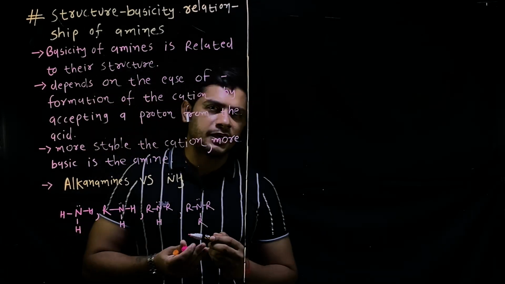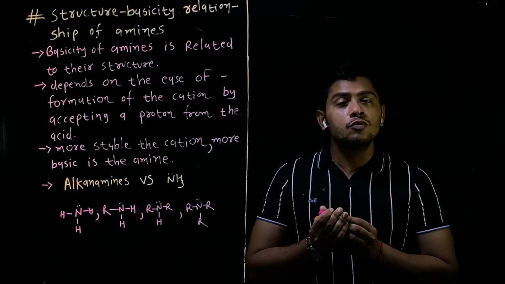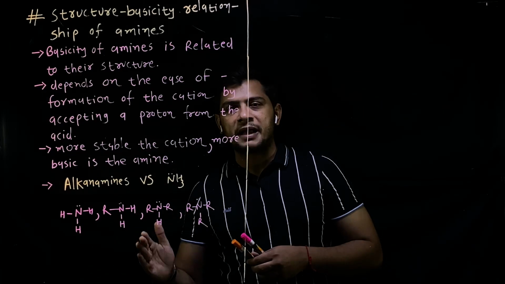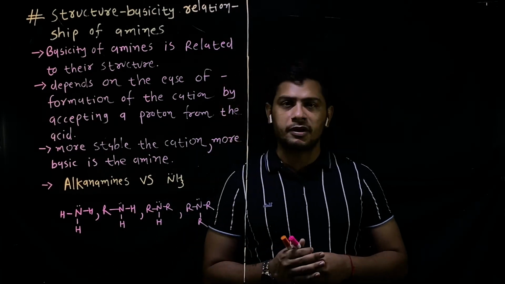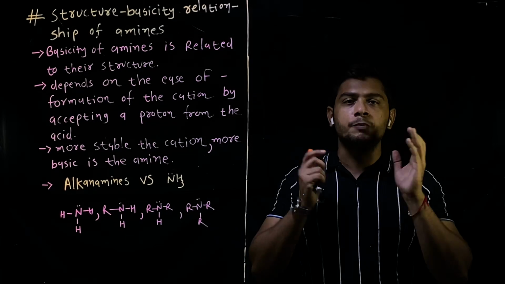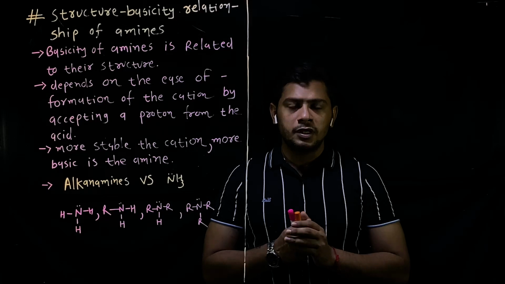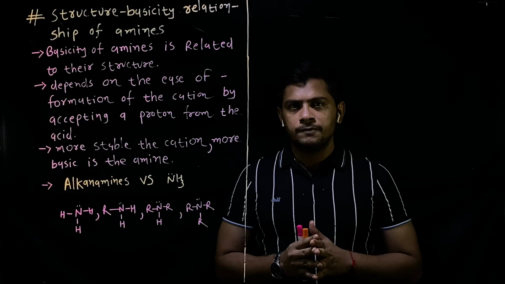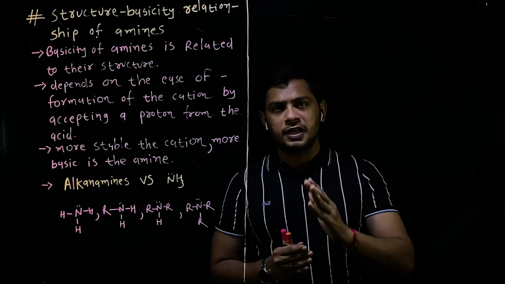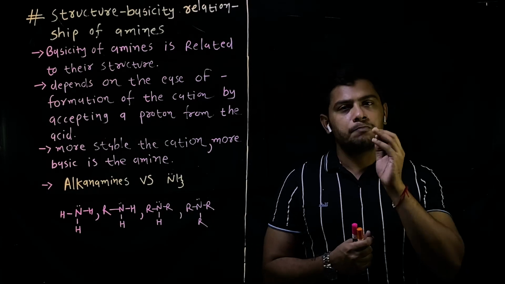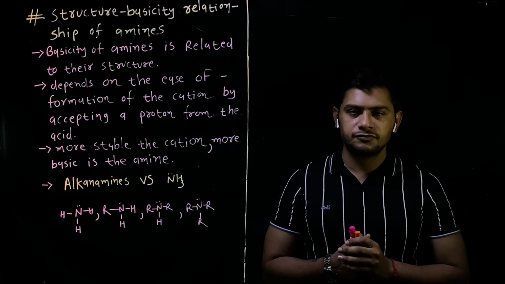So we can see that as we move from ammonia to primary to secondary to tertiary amine, the number of alkyl groups increases. And this is the simple funda in organic chemistry that as plus I, plus inductive effect increases, basicity increases.